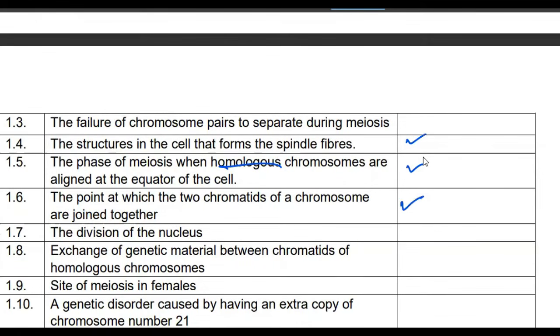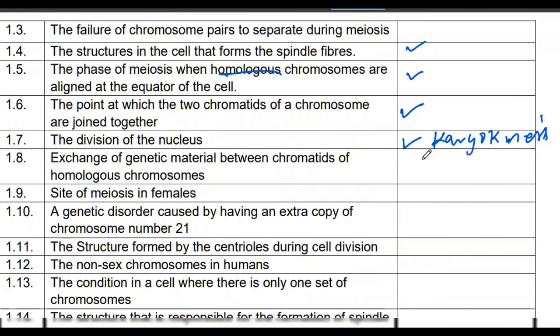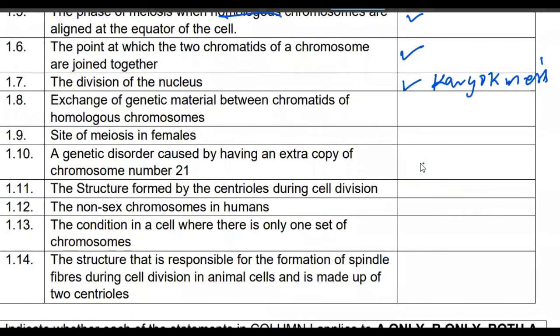And this division of the nucleus is karyokinesis. And then they're saying that the site of meiosis in a female, because in female we find meiosis in the ovary. So you write ovary there. And then the exchange of genetic material between chromatids in the homologous chromosome, which is crossing over.